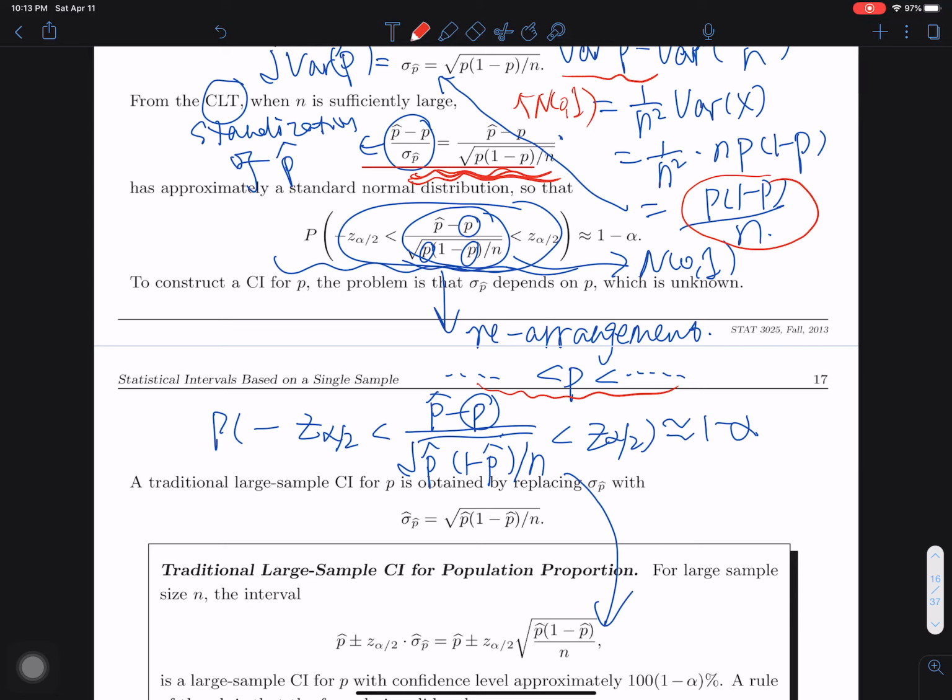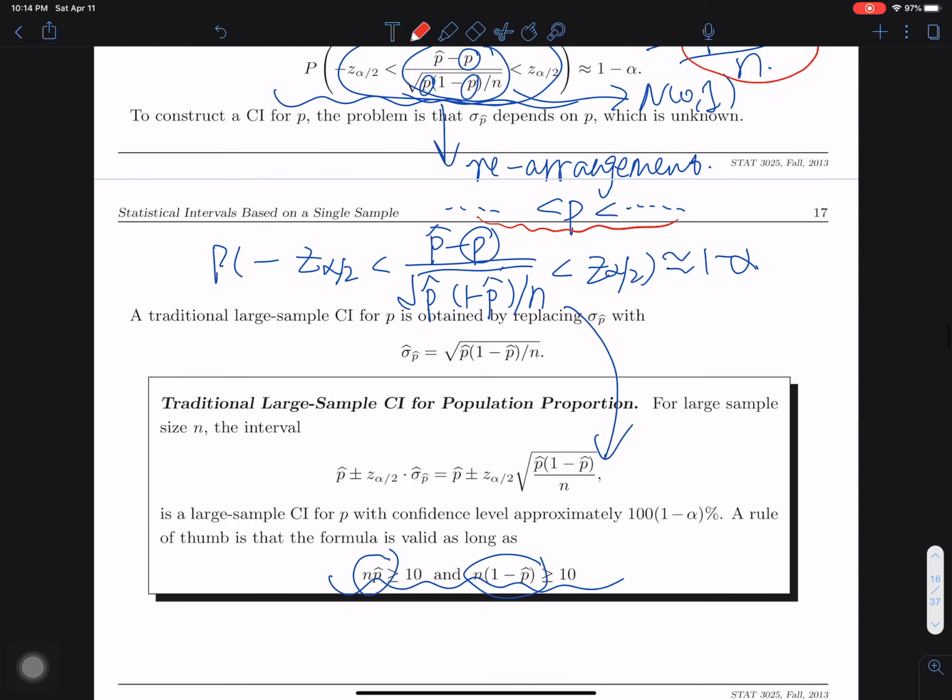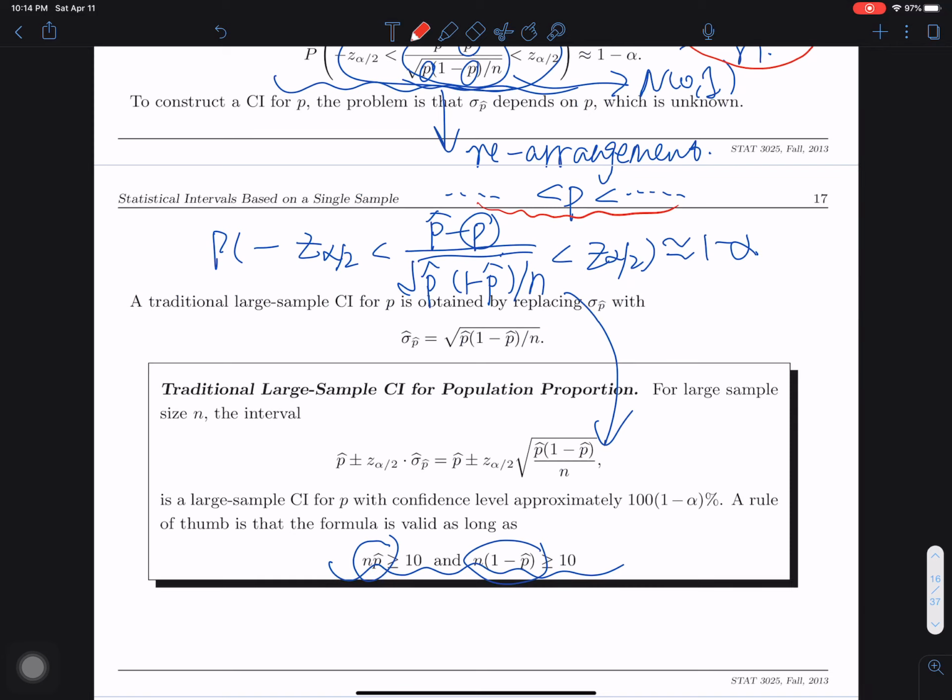However, since this form is a little bit complicated, we use p hat to estimate the denominator. That is to say, in order to get a confidence interval for p in an easier way, we plug in p hat in the denominator. So that's where this comes from. Then by rearranging this quantity, we have the following result.